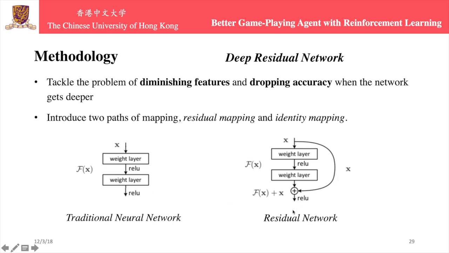But for a residual network, we have one path going down, which we call residual mapping, and another path that goes directly to the output, which we call identity mapping. If the neural network is fully trained and we add a new layer to it, the data flow will just go through the identity mapping, and no data will go the other way. So this helps reduce the diminishing feature problem.